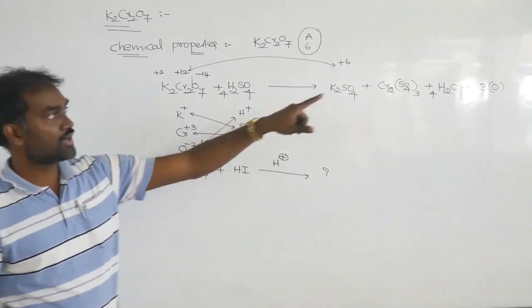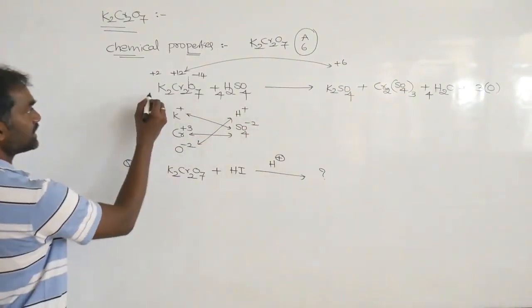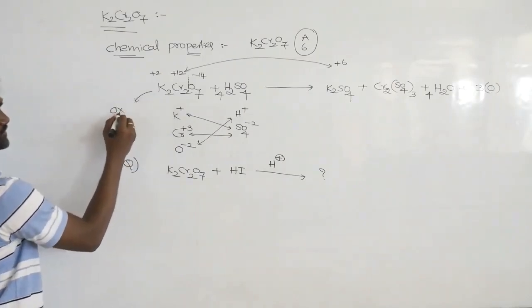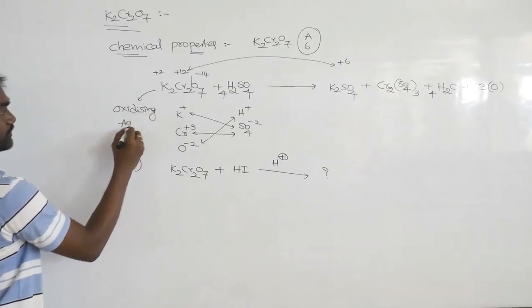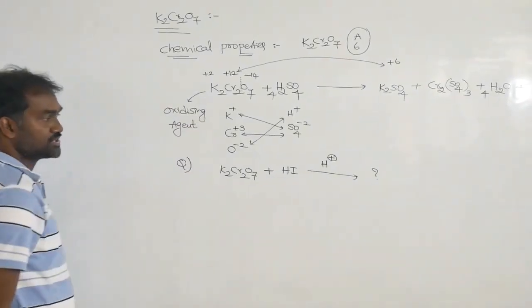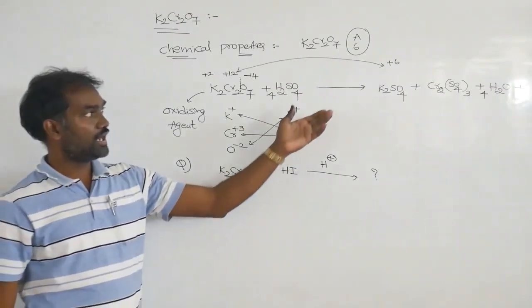Because oxygen is coming out, this is acting as an oxidizing agent. Majority of the time we think of K2Cr2O7 as an oxidizing agent.